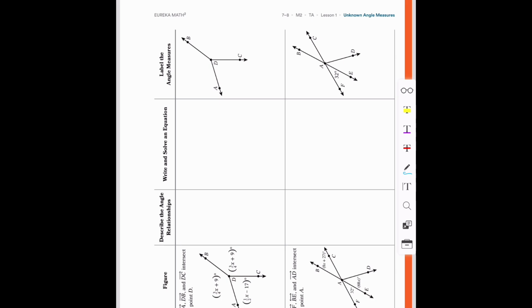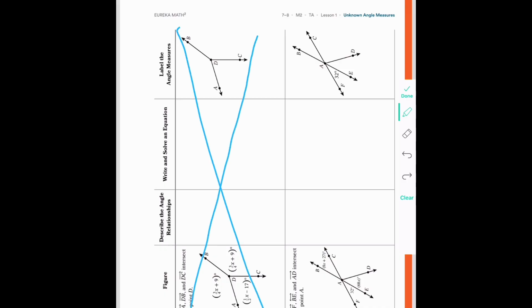So we can skip number 4 because we can deal with fractions at a later time. But we can look at number 5, and then that'll be kind of our last example that I do with you. After that, I want you to try your hardest to figure out what you can figure out with the angle relationships and what you've seen me do. Okay.